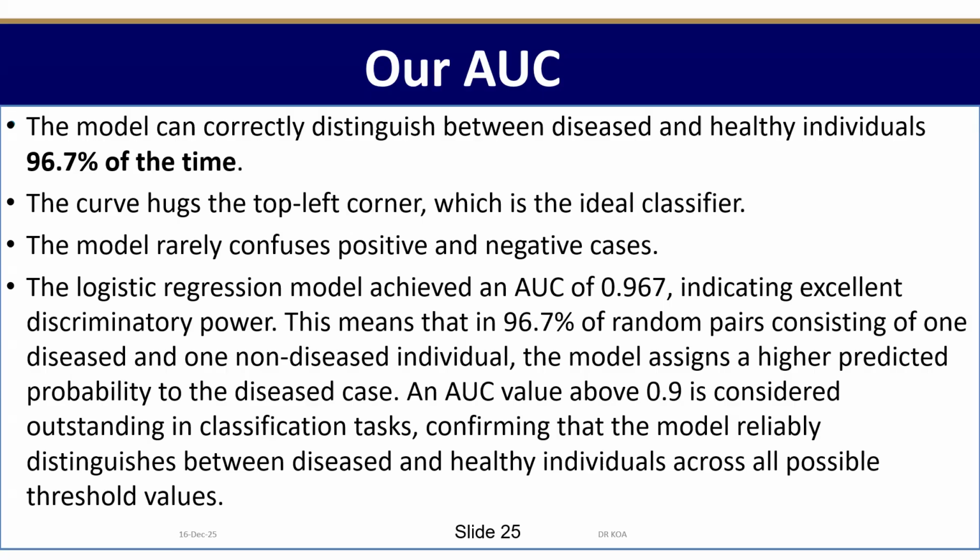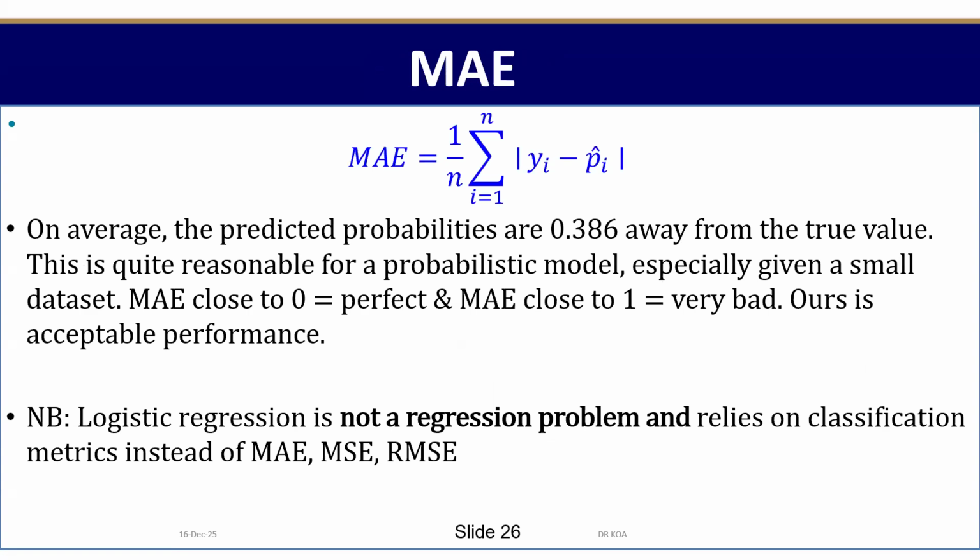One last thing. Sometimes some people use MAE, MAPE, so many things. These are some of them. But here's my caution: don't use them. Logistic regression is not a regression problem. It is a classification problem.